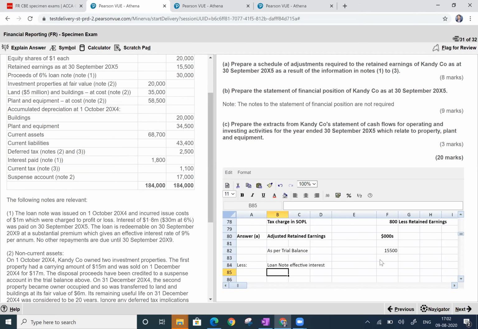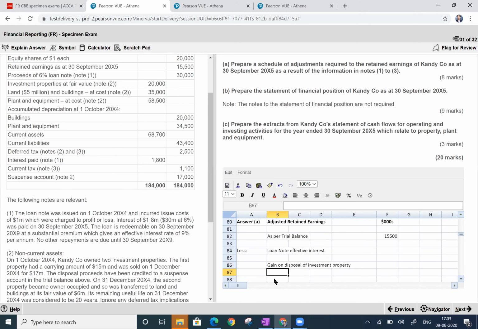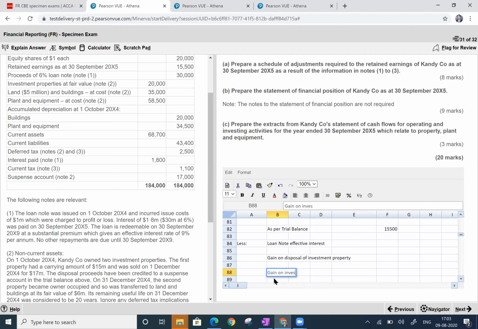Then from the second one, there was gain on disposal of investment property. You have to remember the question. Then there was gain on investment property, fair value. So I'm just going to write fair value gain on investment property as well.